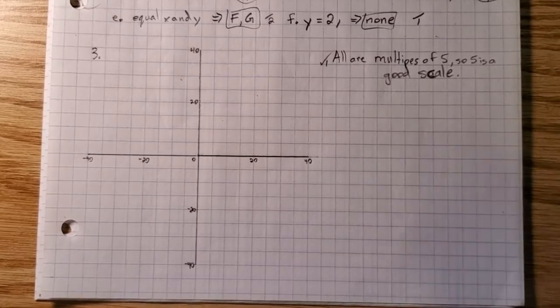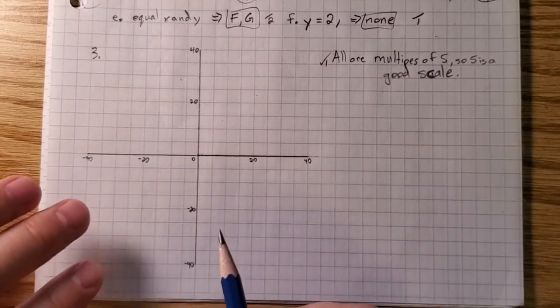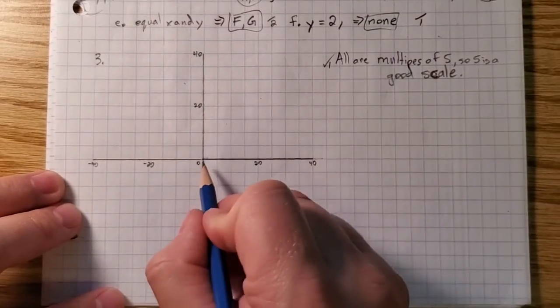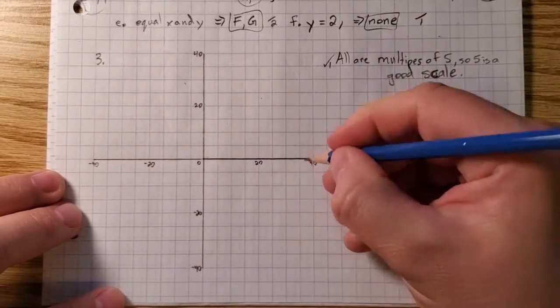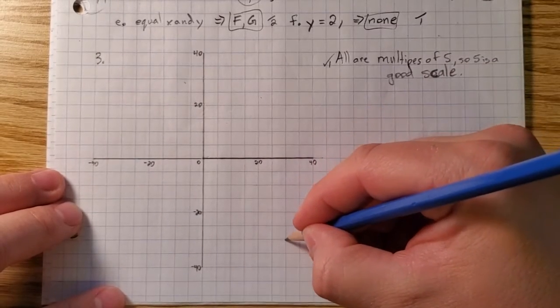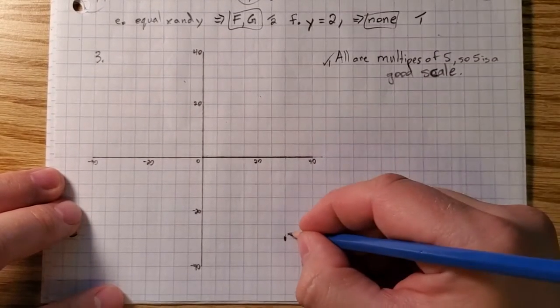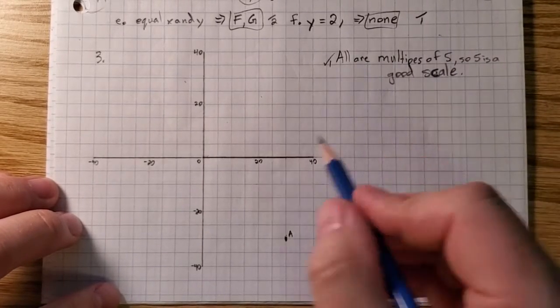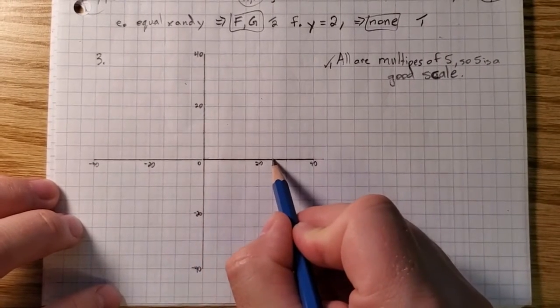Okay, so we're going to plot each of these points. It says A is 30, -30. So we need to go right 30 and then to -30 and label it A. B says 25 and 0. We need to go 25 and then 0.